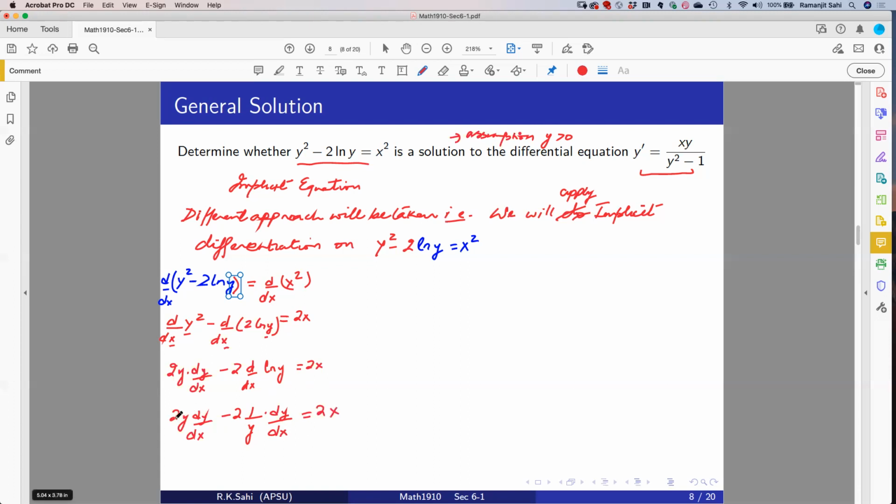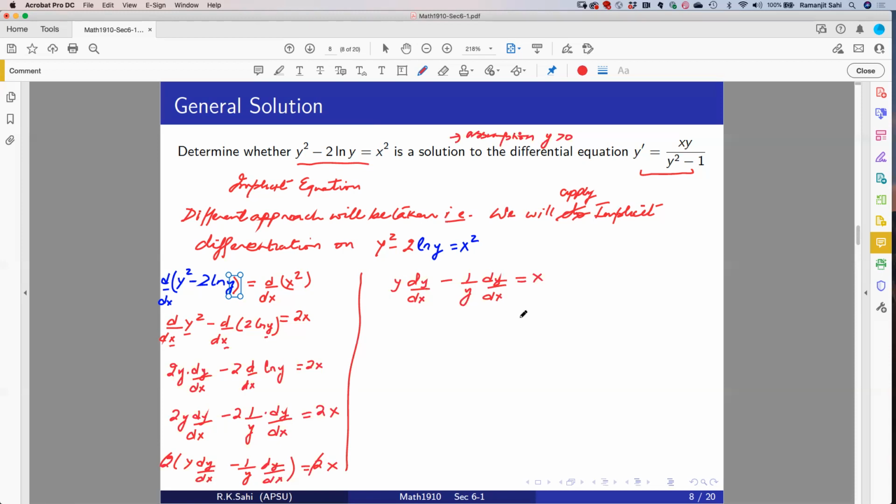Now notice, 2 is common everywhere. So I can take the 2 out here, so I can say 2y dy by dx minus 2 times 1 over y dy by dx equals 2x. So I can cancel the 2's on both sides. What are we left with? We're left with y dy by dx minus 1 over y dy by dx equals x.